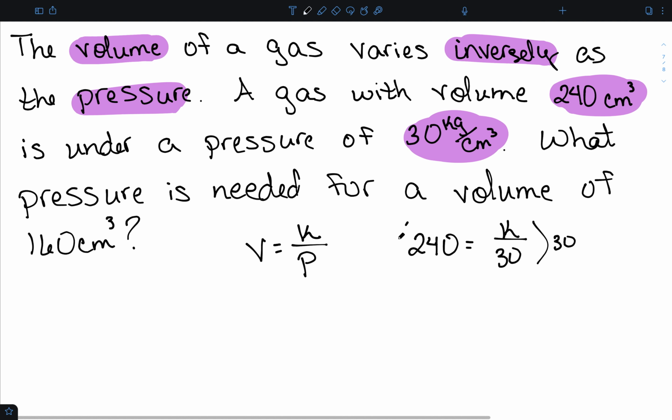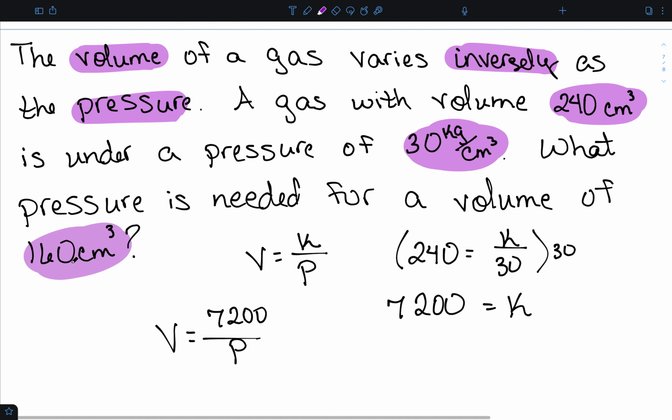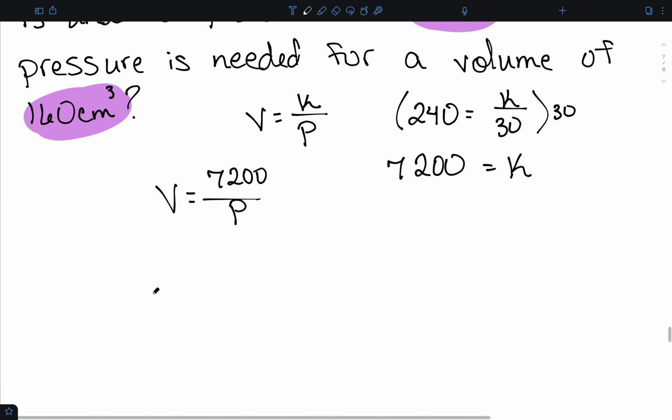I can multiply both sides of the equation by 30. 240 times 30 is 7,200, and over here the 30s cancel. So I have that volume is equal to 7,200 over P. Finally, my last sentence, what pressure is needed for a volume of 160 cubic centimeters?